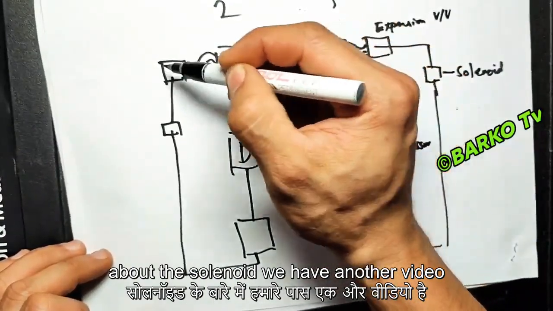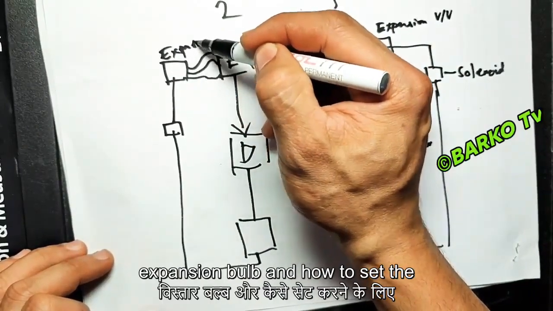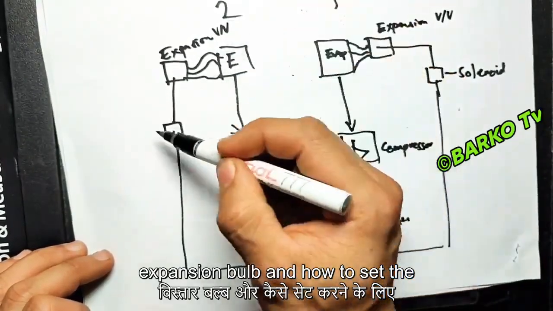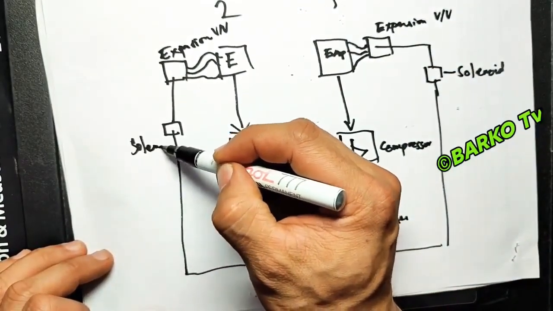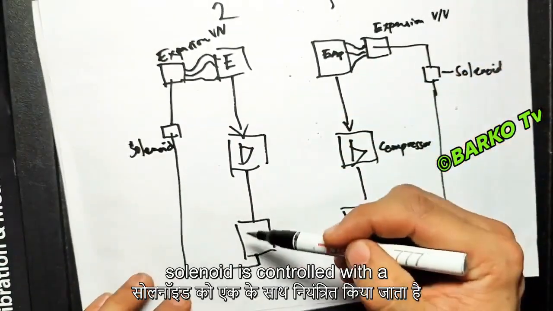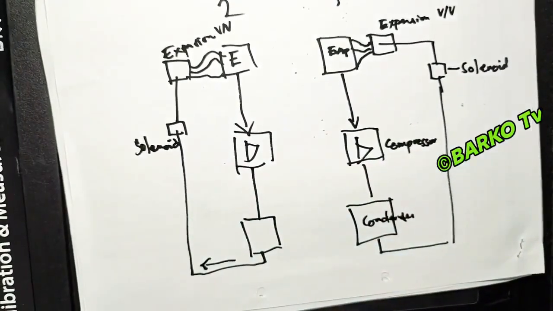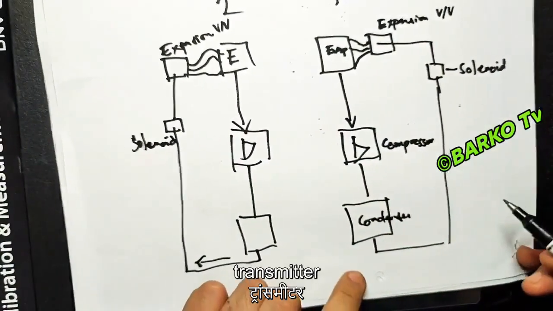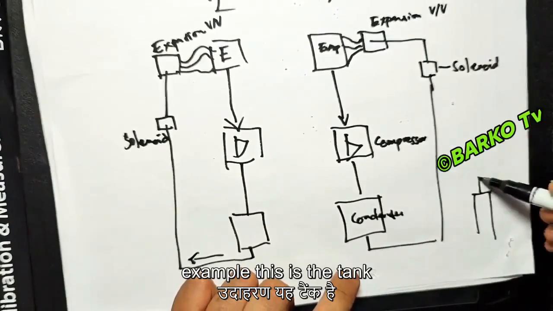About the solenoid, we have another video about the expansion valve and how to set the temperature. Solenoid is controlled with a temperature transmitter. Example, this is the tank.